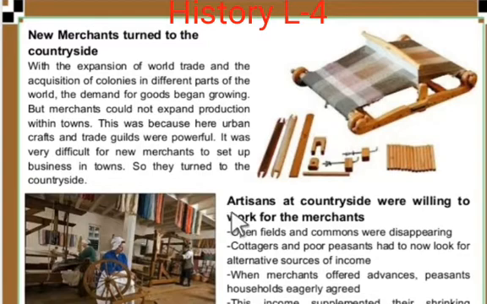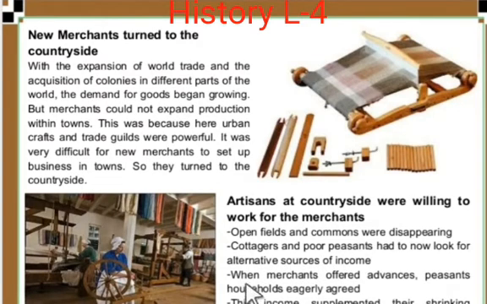Now, the artisans in the countryside were willing to work for the merchants. Open fields and commons were disappearing. Now, the cottagers means small scale industries where there was manual manufacturing also. The poor peasants now had to look for an alternative source of income.